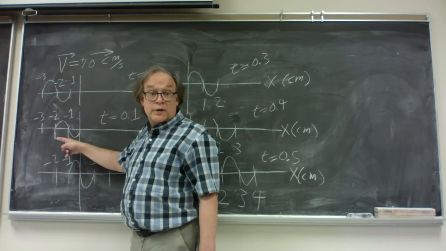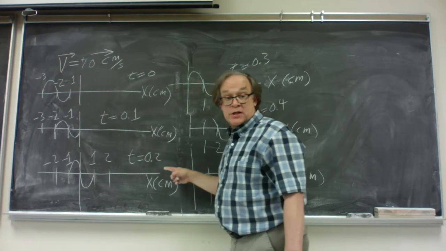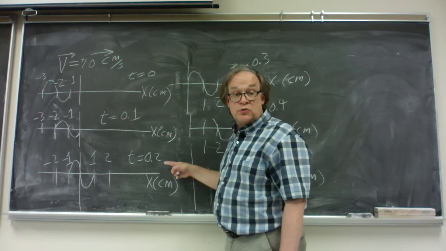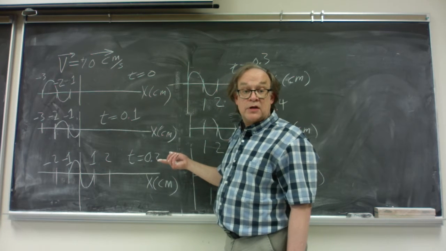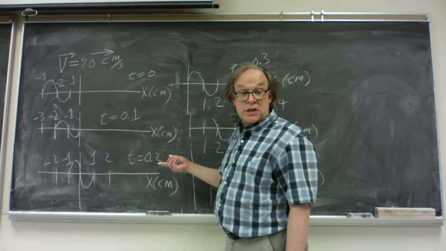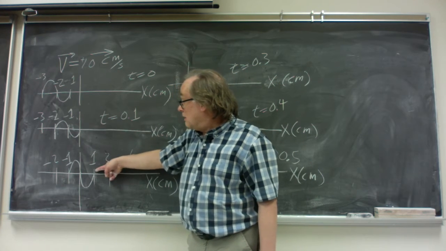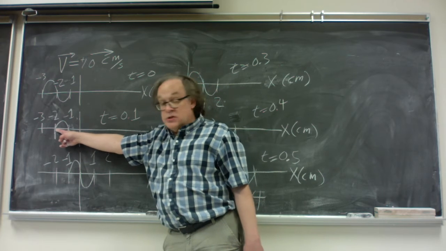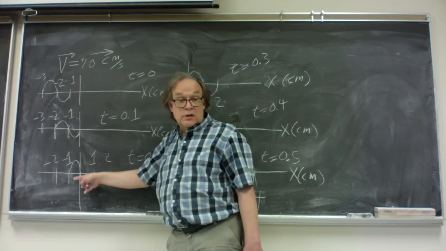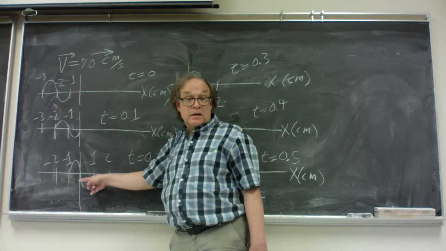Then wait another 1/10 of a second, take another snapshot. That's a snapshot at time 0.2 seconds. Again, everything has moved 1 centimeter. The front edge of the pulse has moved from 0 to 1, and the back edge has moved from -2 to -1 centimeter.